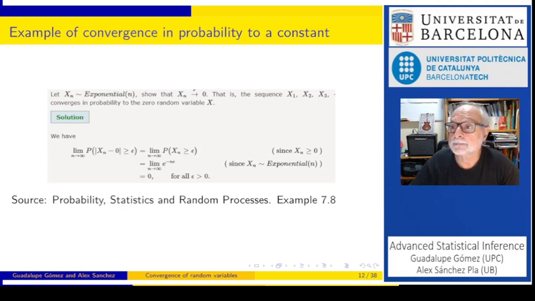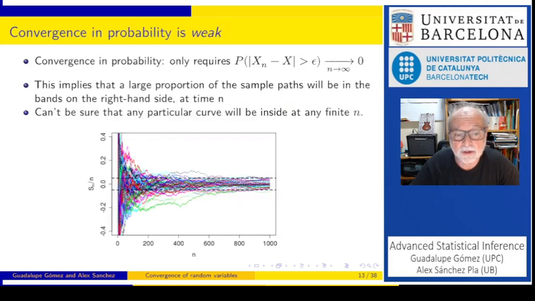Before we go into the next form of convergence, let's insist a bit on this idea of weakness. Convergence in probability is very useful, but it's always signaled as being not good enough.